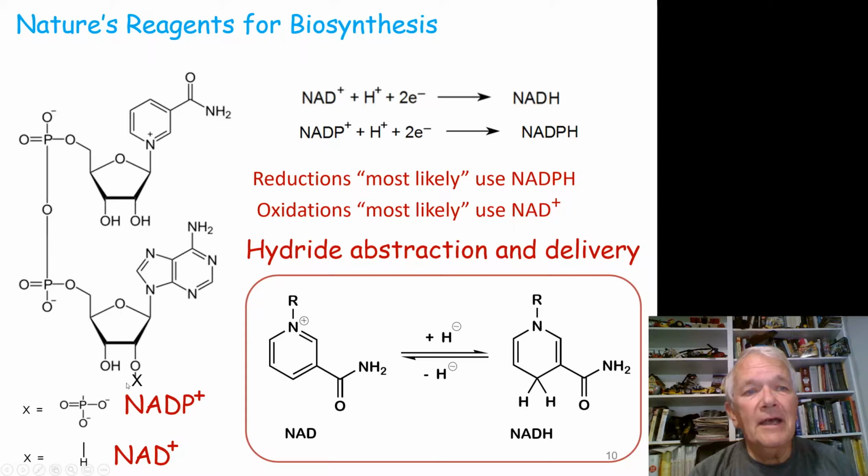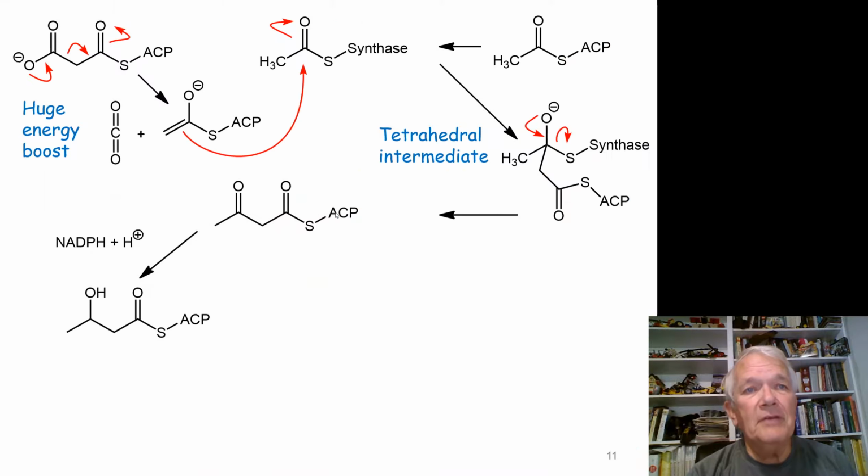Now, generally, when you bring in the phosphorus, you get an extra negative charge, which means that reductions are most likely, in quotes, going to use NADPH because of the extra negative charge. Oxidations will most likely use NAD+. But it turns out both of those molecules are used, and this most likely is just giving you the most likely. Anyway, that's a reducing agent.